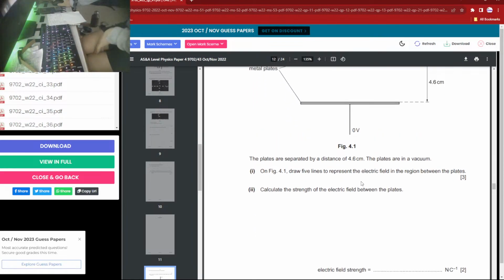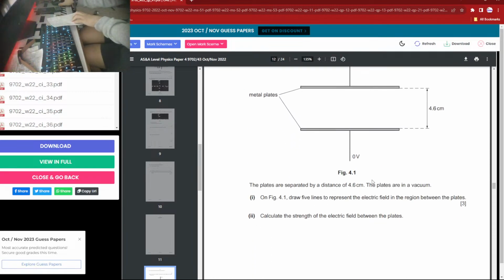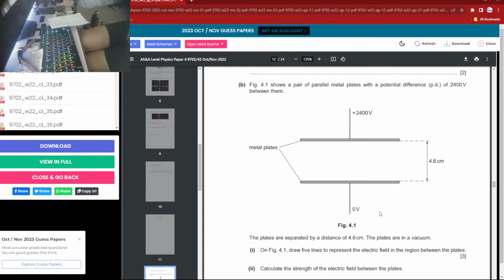Okay, calculate the strength of the electric field between the plates. So for this one, you would use E equals V over D. So the potential difference will be 2400 over the separation 4.6 times 10 to the power of negative 2. So let's say this one is negative 200 or something like that, or let's say it's positive 400. You will plus them together, that's the potential difference. Wait, no, sorry, you will minus them.